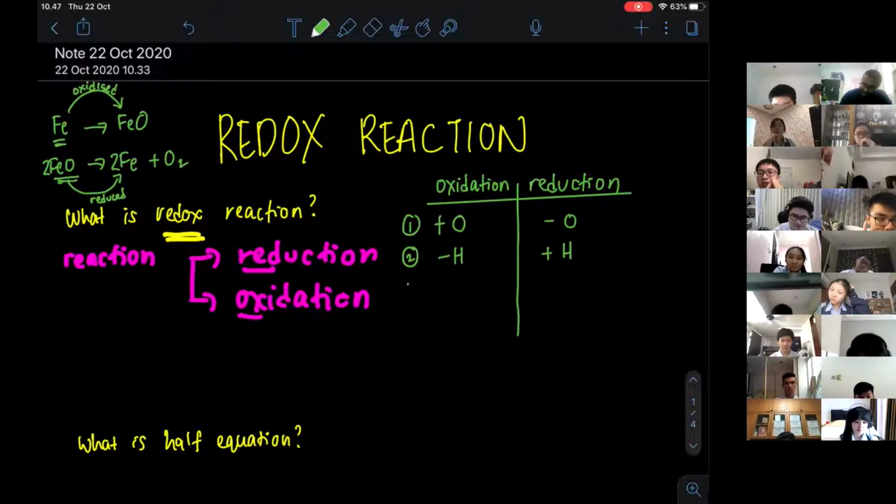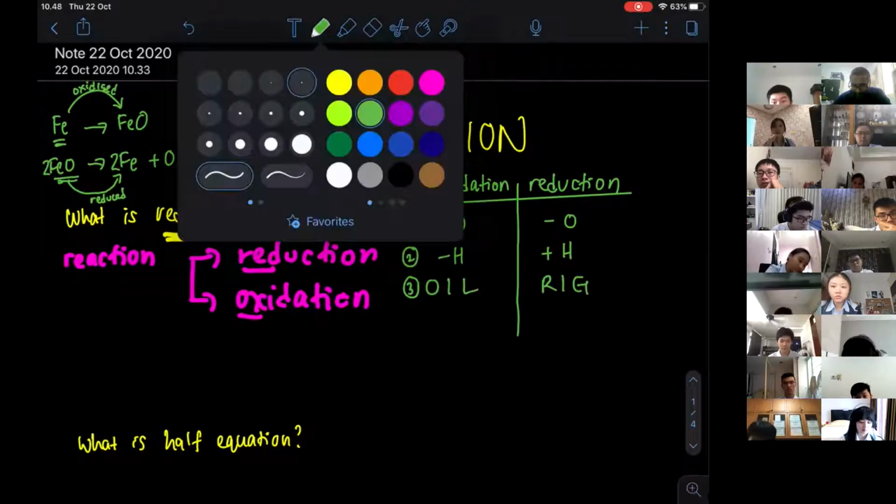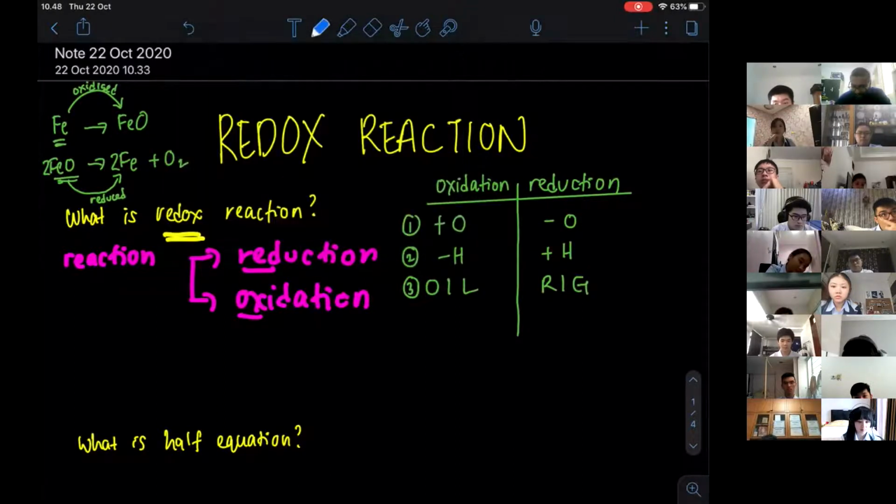The third one is very important, which is known as OIL RIG. What is OIL RIG? It's an abbreviation, a mnemonic that we use.